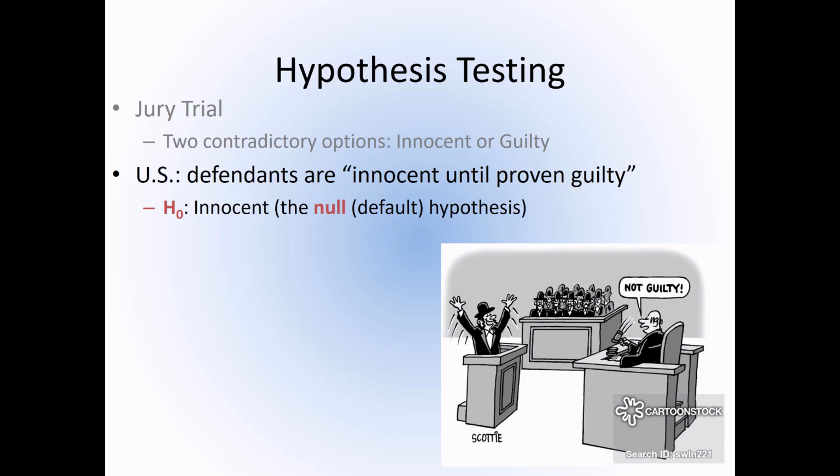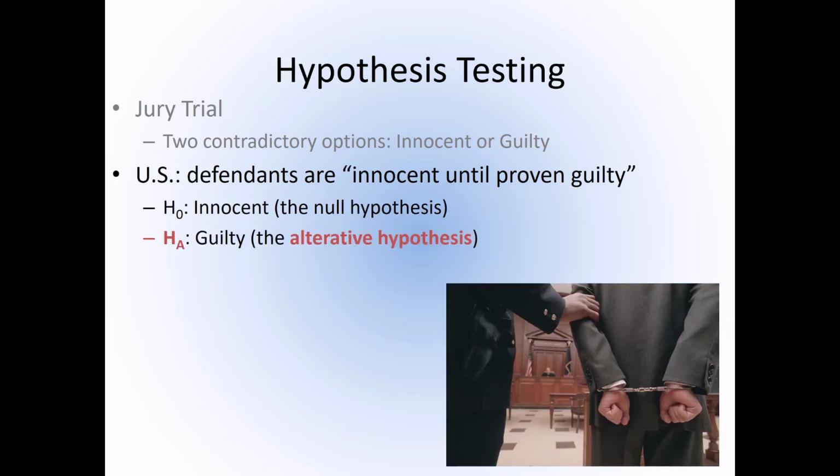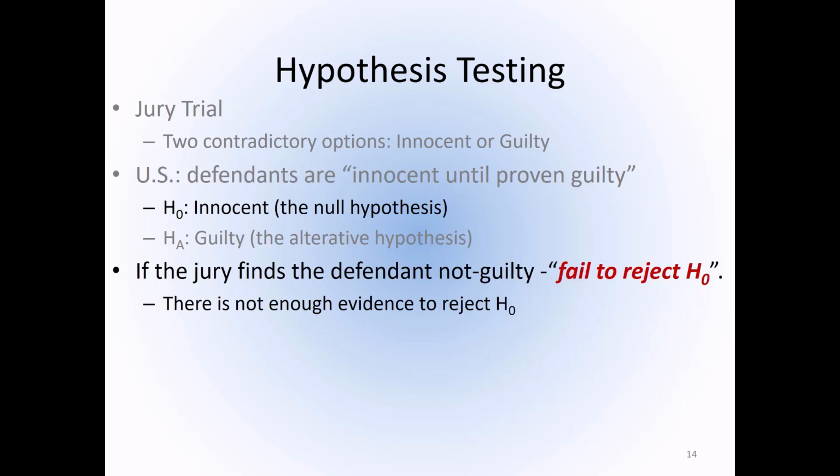Now, similar to probability and our binomial distribution, we don't just have 1 potential outcome, we've got 2 potential outcomes. In the event that the person is not innocent, then the person would be found guilty. This is the alternative to the null hypothesis, and so this is our alternative hypothesis. So if the jury finds the defendant not guilty, what they're saying is that they're failing to reject the null hypothesis.